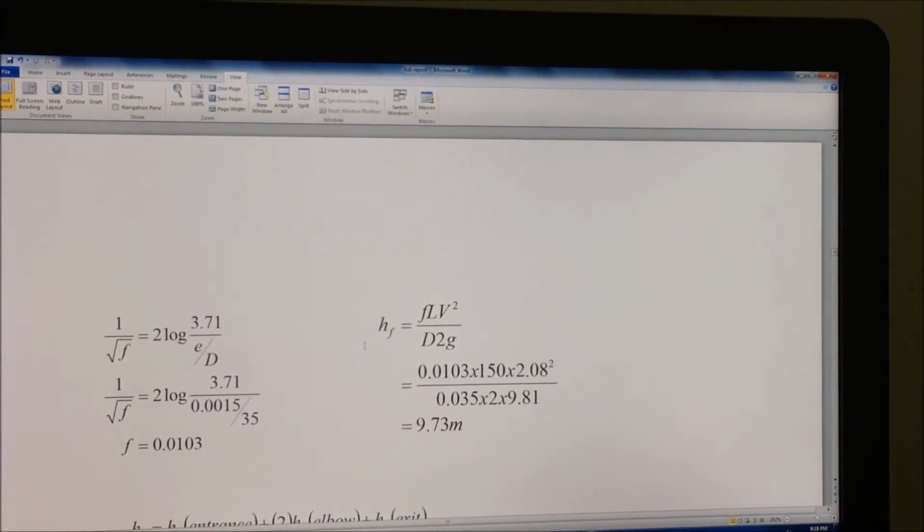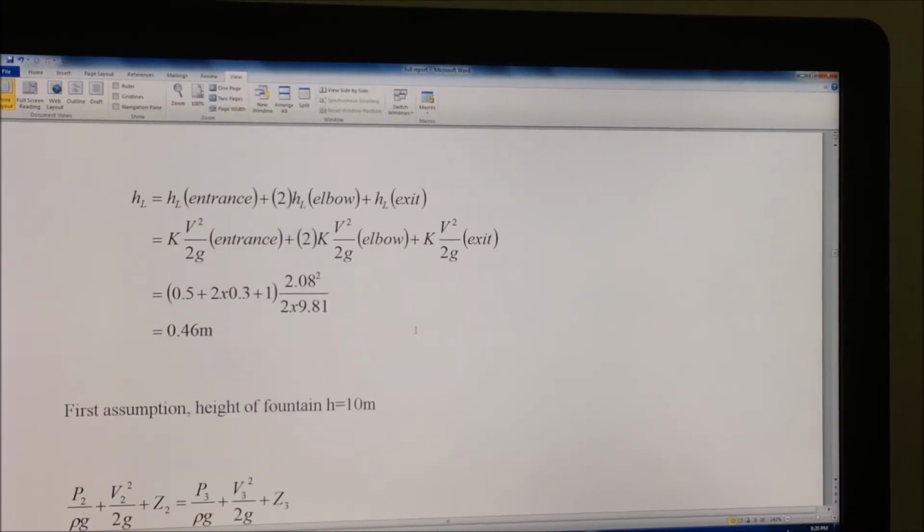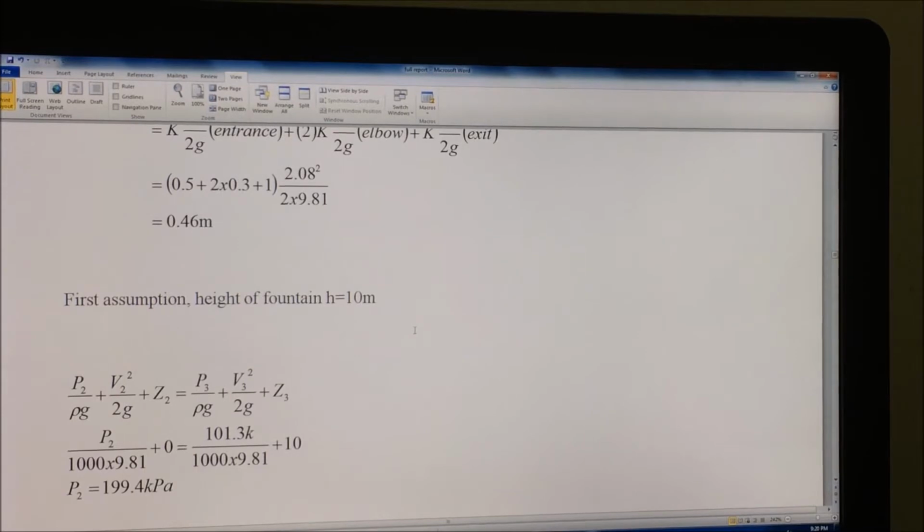After that, the step is to find the minor loss. Using the minor loss equation, we can get the minor loss is 0.46 meter. So at the end, we are going to assume that the height of the fountain is 10 meter.